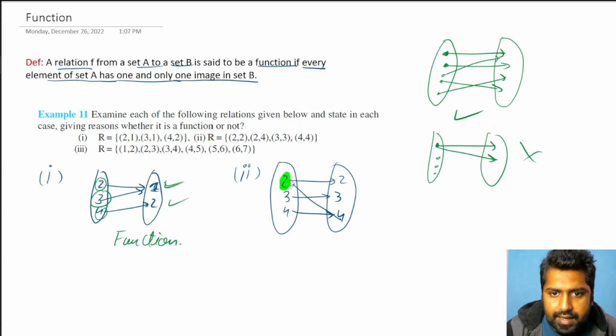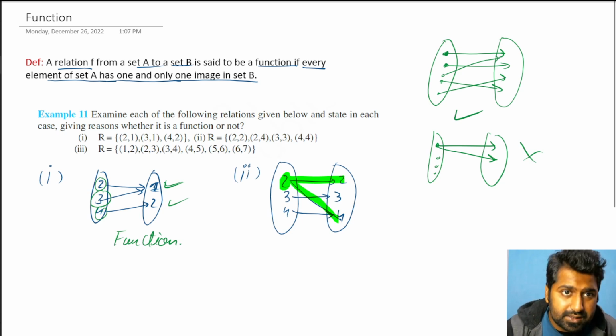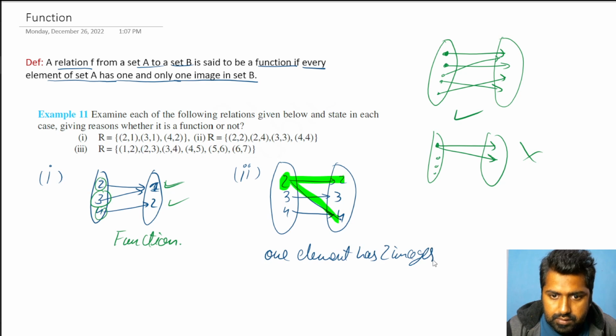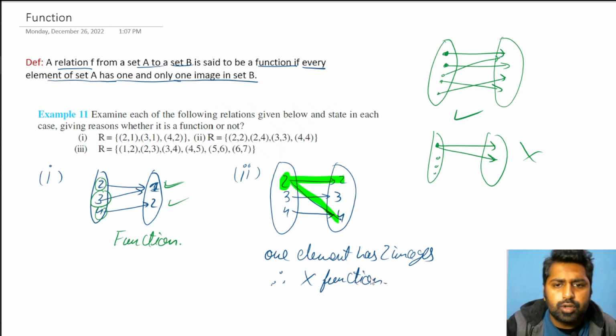This 2 has this as well as this. So one element has two images. Therefore, not a function. Second one is not a function. I hope that clarifies.